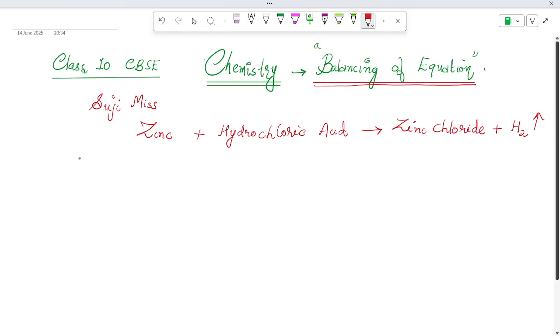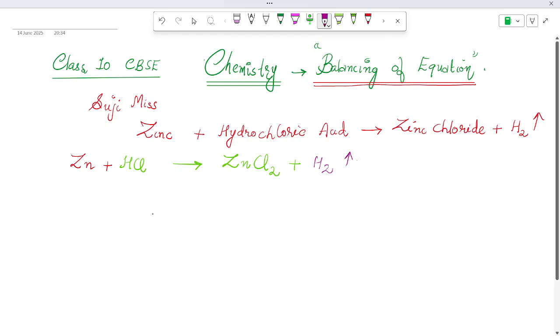We can write it as a chemical equation like zinc plus HCl giving zinc chloride, ZnCl2, plus H2. Okay.